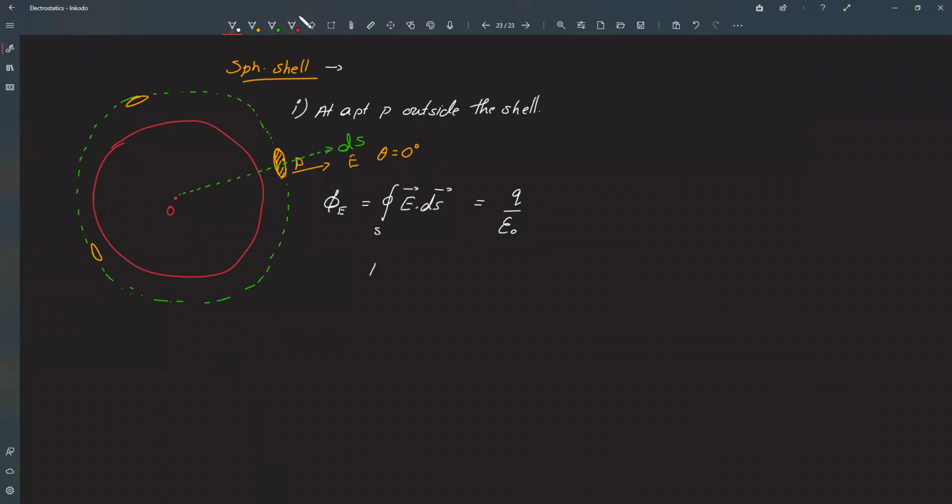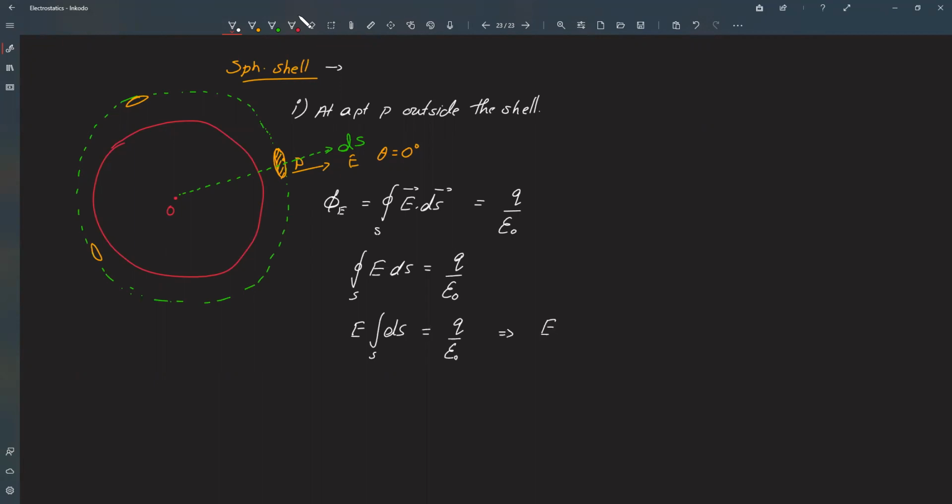So this is the integration of E dS, and that is equal to q divided by epsilon naught. Now in this, if E is constant, you can take it outside, and it is only the surface area, right? The total surface area. And what is total surface area? It is 4 pi r square.